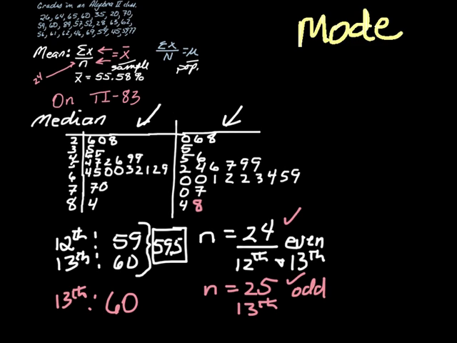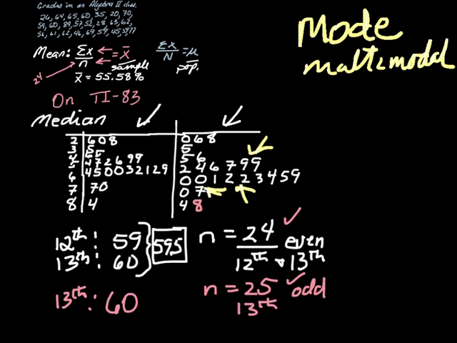So when I look at this data set, I see I have two 59s, two 60s, two 62s, and those are the ones that occur most often. So this is a set of data we call multimodal because it has more than one, and those modes are 59, 60, and 62.